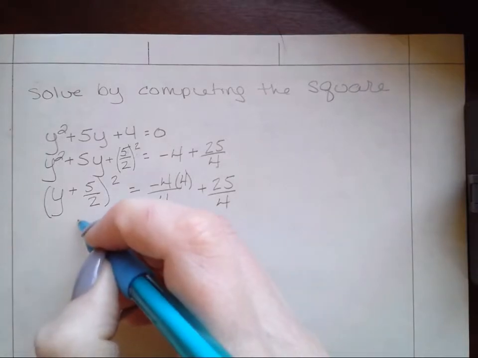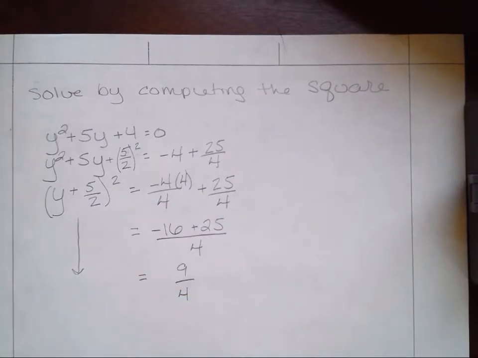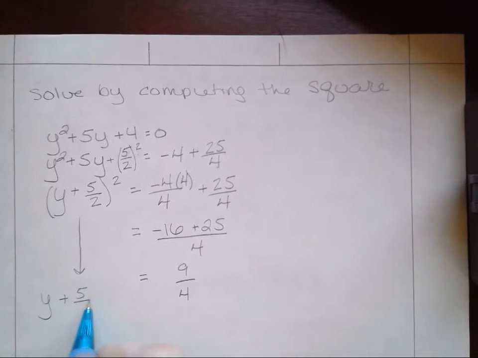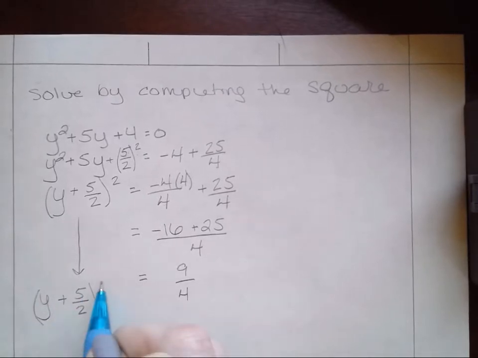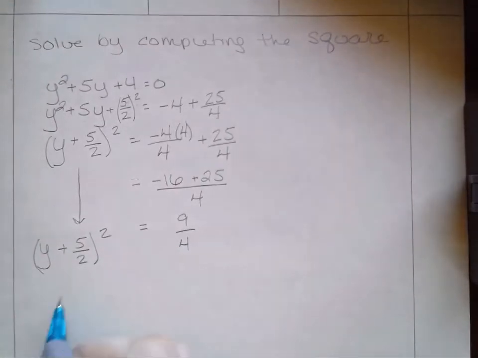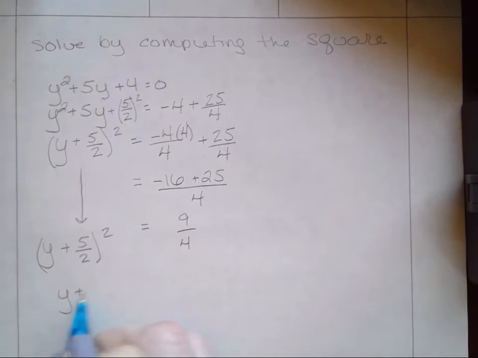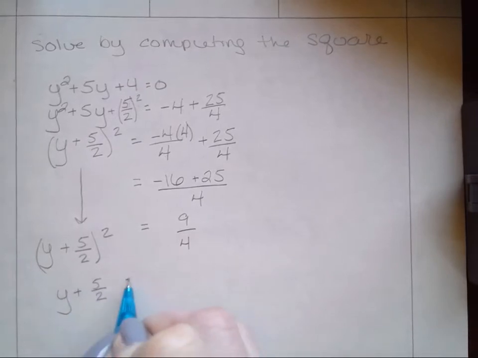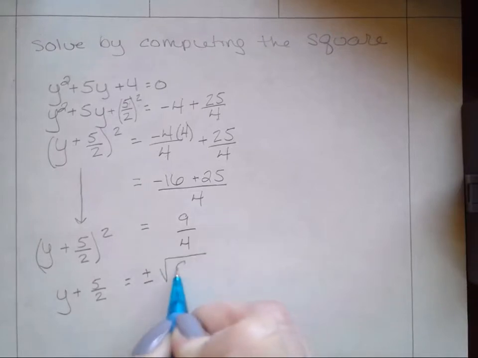I'm just going to carry the left side of the equation down. y plus 5 halves squared. We need to take the square root of both sides. So y plus 5 halves is equal to the positive or the negative root 9 fourths.